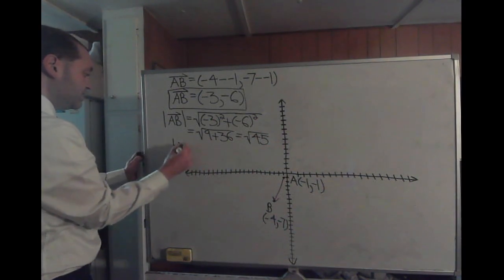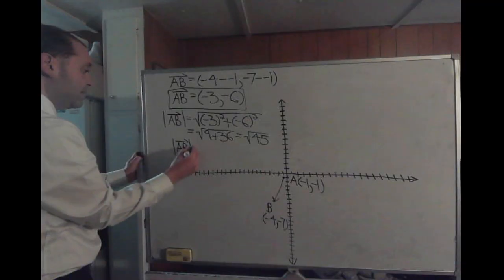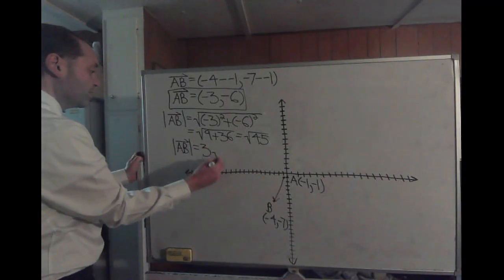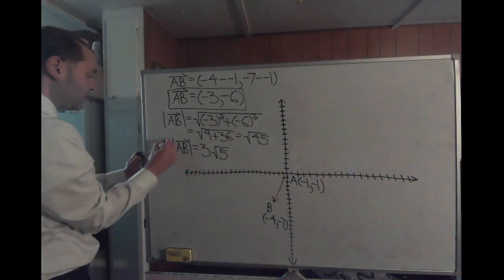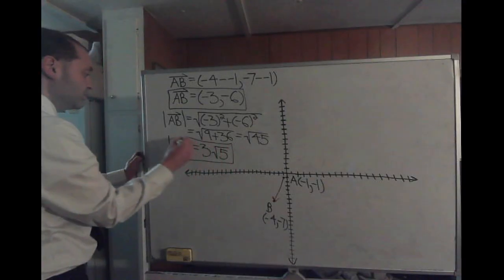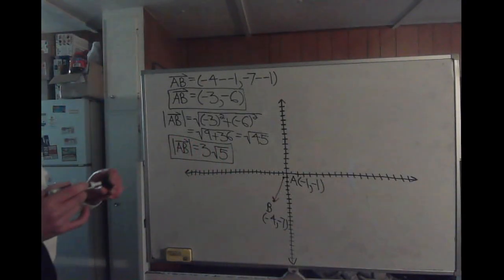That gives you a magnitude of vector AB of 3 times the square root of 5. So the magnitude of this vector is 3 times the square root of 5.